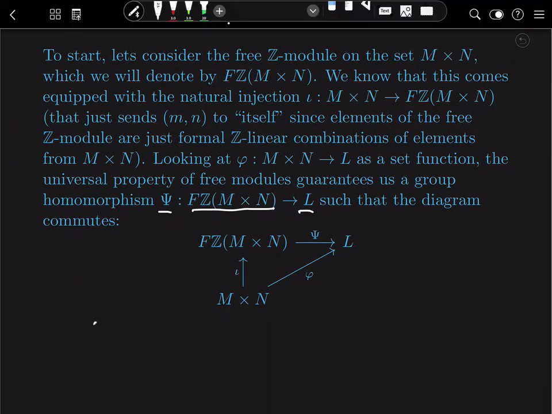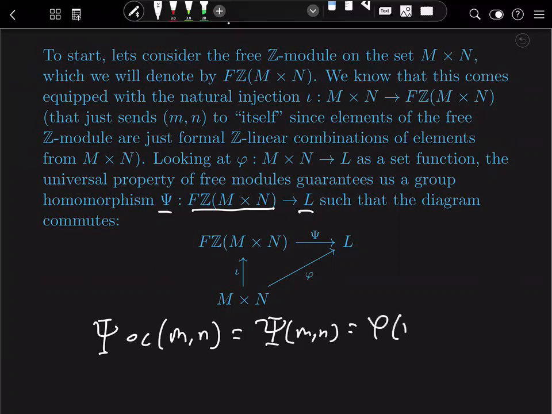So we have Psi composed with iota of (M, N) equal to Psi of (M, N), which is equal to phi of (M, N). So that's how we define it, and then we extend it linearly.